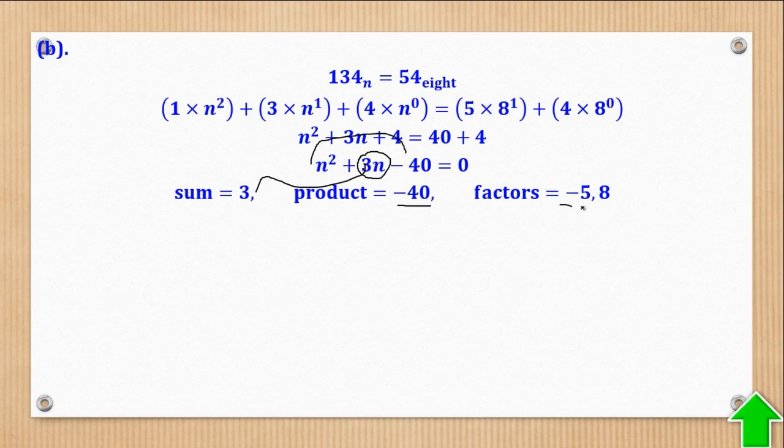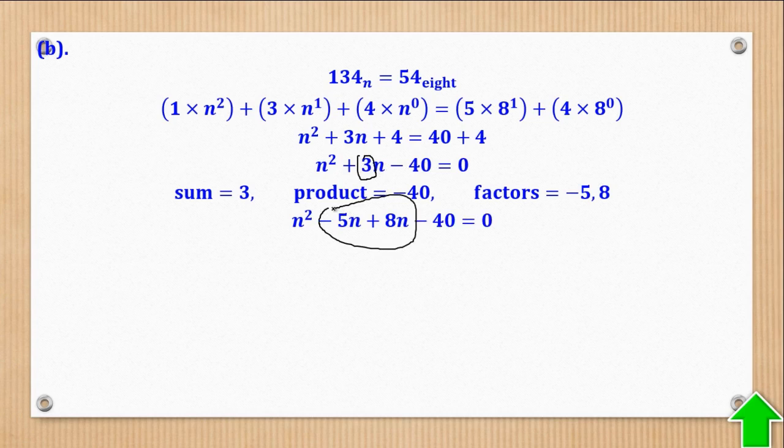And those factors are negative 5 and 8, because when you add these two, you get positive 3, and when you multiply, you get negative 40. So I replace where there is 3, I'll put there negative 5 plus 8, but there is an n outside, so that is why you see here negative 5n plus 8n.